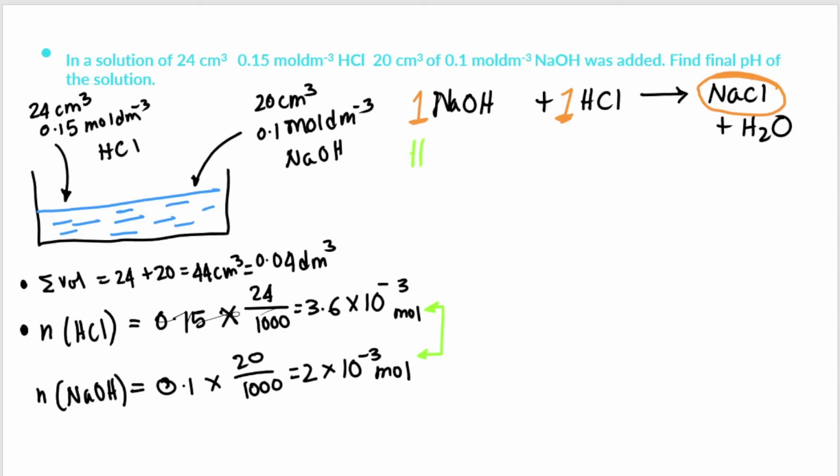So HCl is in excess. How much of HCl would be left once the reaction has been completed?